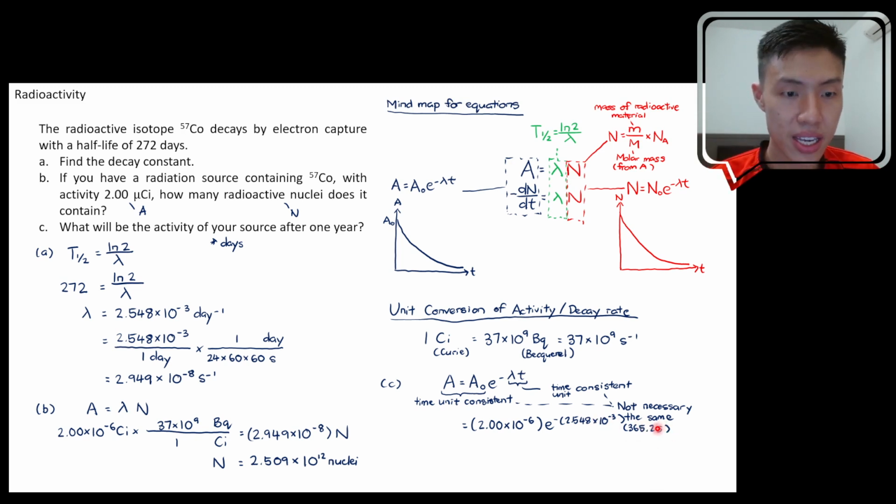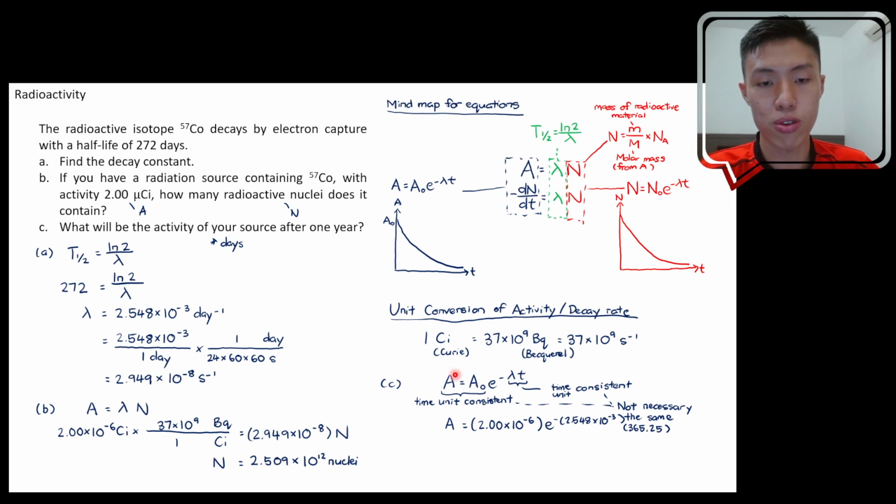And the time is 365.25 days. Between them the time unit is consistent, which is day. But they are not necessarily consistent with the activity, which is in Curie. That is the main point I want to deliver: not necessarily consistent between activity and lambda and t, but between lambda and t they need to be consistent.